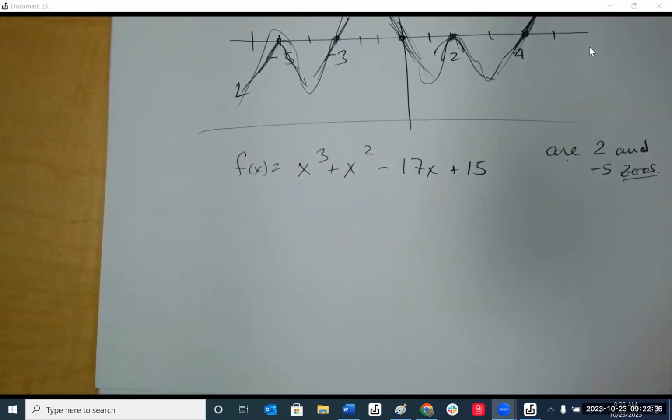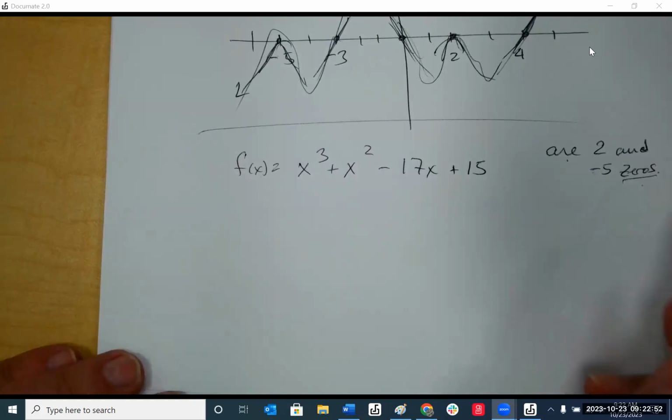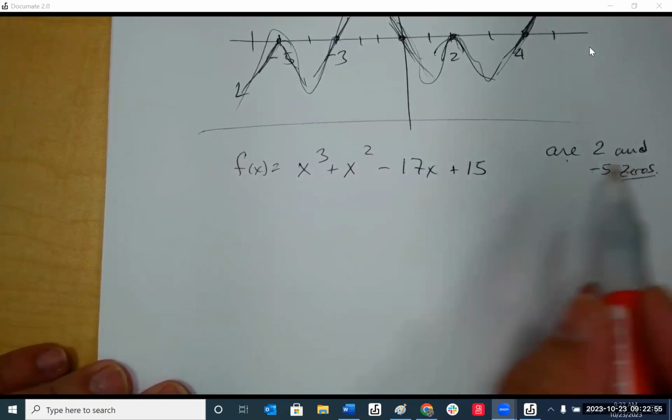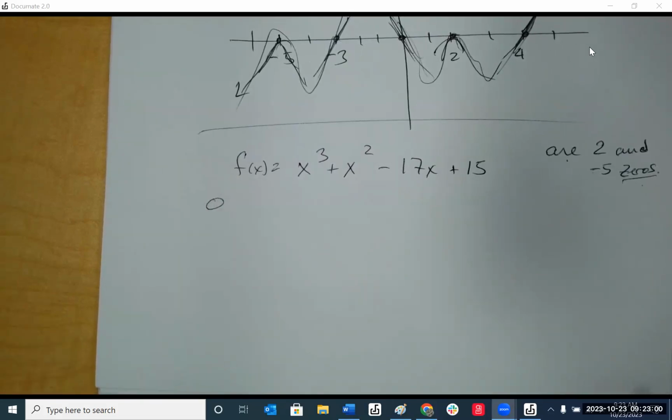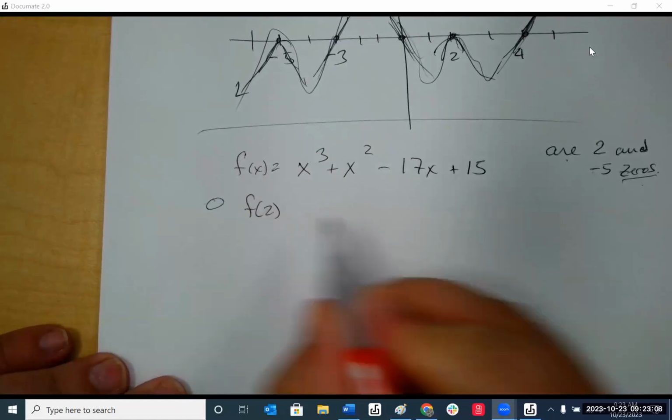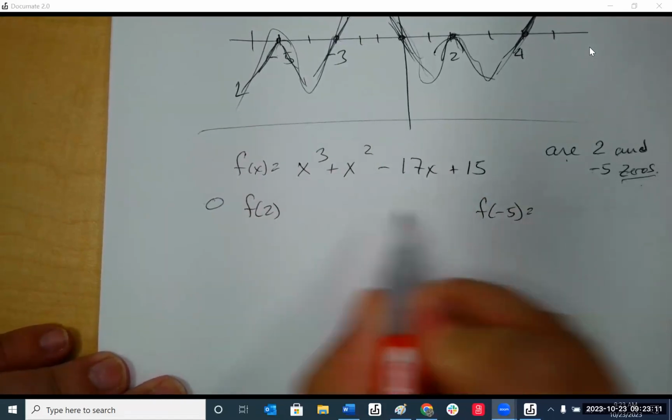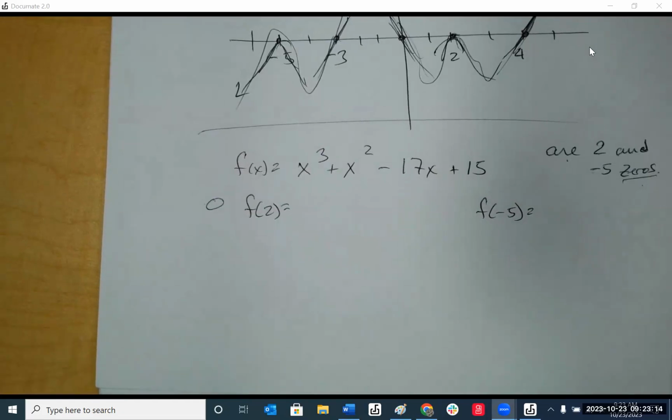If you plug them in, what should happen? What do you think would happen if it's called a zero? It'll equal 0. If they're zeros, if they're solutions, and you plug them in there, then the equation equals 0. If it doesn't, then it's not a zero. It's not an x-intercept. So you have to do both and see what happens.